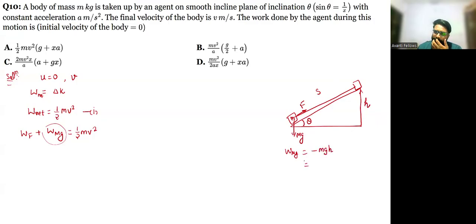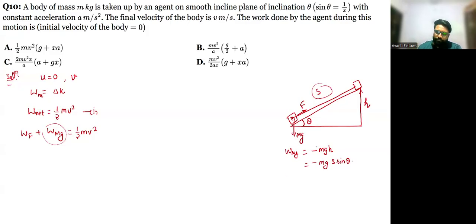Now we do not know anything about h, so we can say h is nothing but the vertical component of this s. So we can say minus mg s sine theta. It's very simple to say.